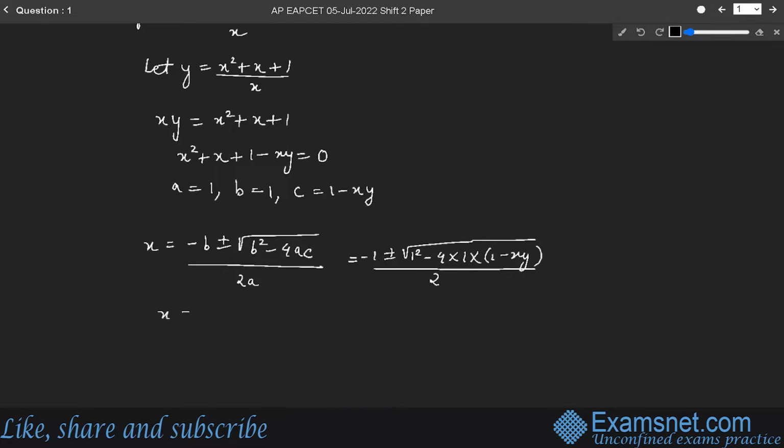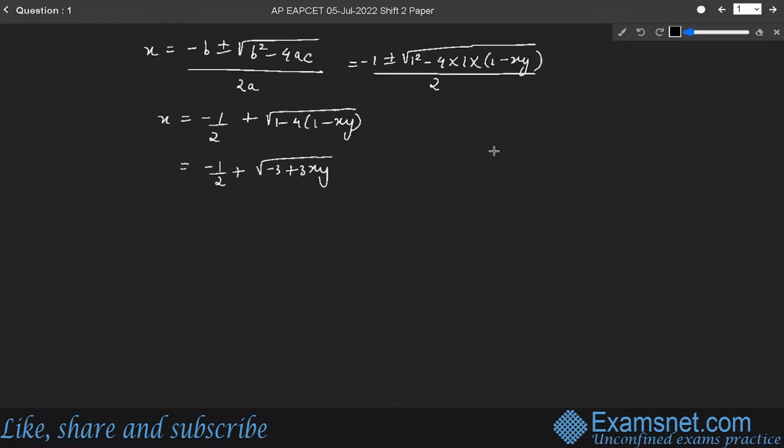On further solving, x will be equal to minus 1 by 2 plus under root of 1 minus 4 into 1 minus xy, which will be equal to minus 1 by 2 plus under root of minus 3 plus 3xy.